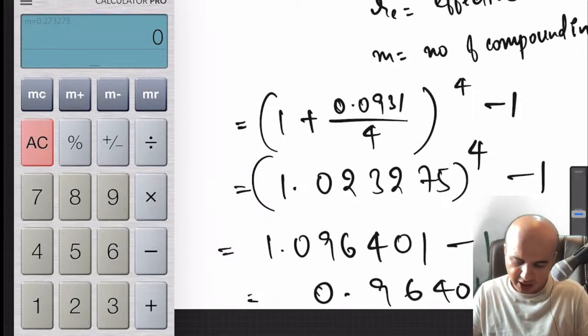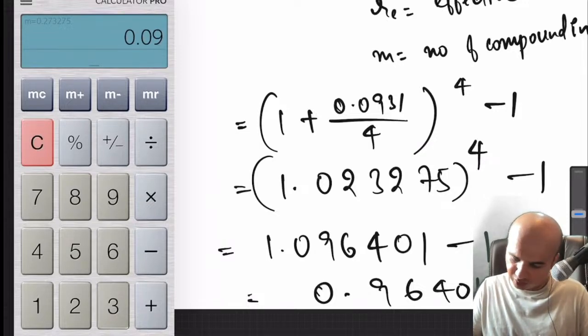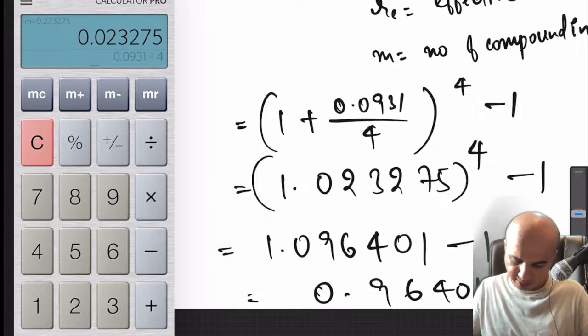Maybe there is some rounding off error, sometimes you will get this problem, but I don't think there is any rounding off error because we have considered everything properly.